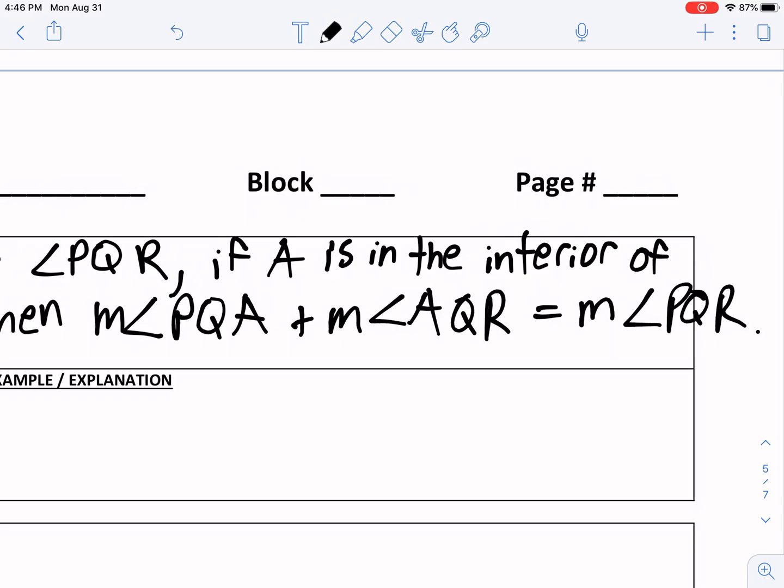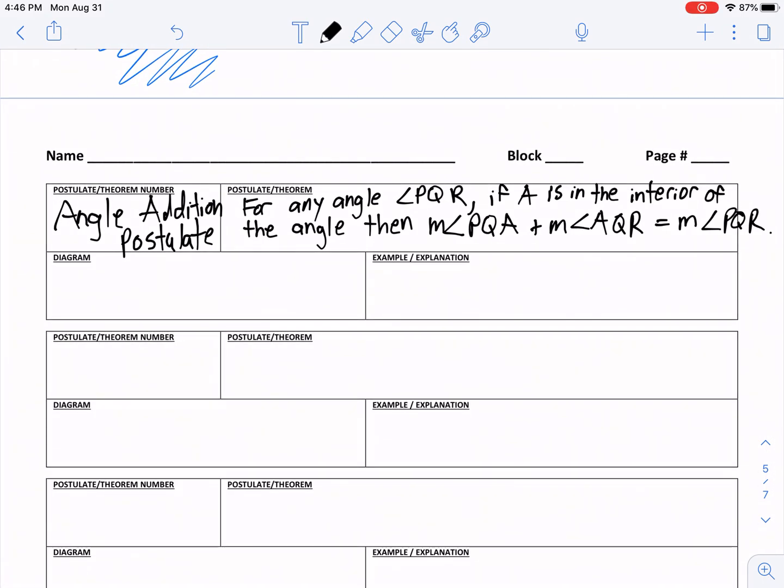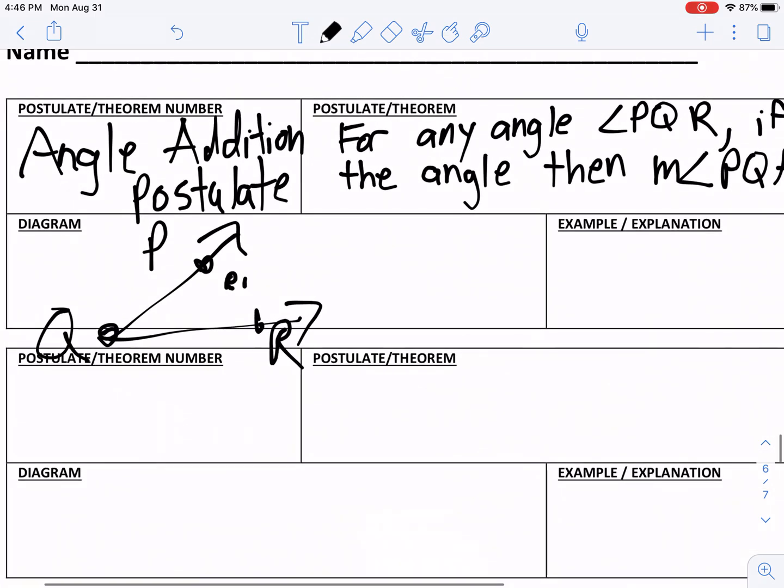Okay, that's better. So what this is saying is if I have the angle P, Q, and R, and there's some point A in the interior here, then if I drew a ray from the vertex through A, it now divides it into two smaller angles, correct?